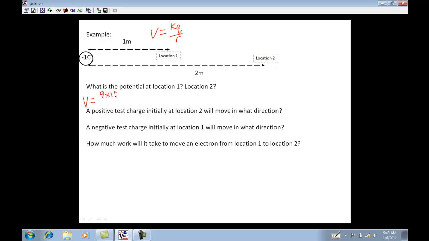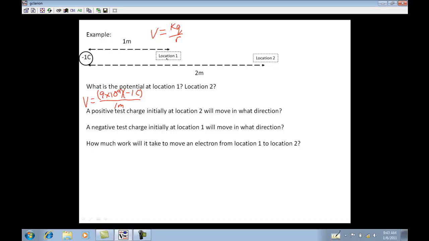Okay, and then what value am I going to use for Q if it's relative to this negative 1 Coulomb charge? Yeah, I'm just going to use negative 1 Coulomb. Okay, and I'm going to divide it by the distance it's away from it, which is 1 meter.